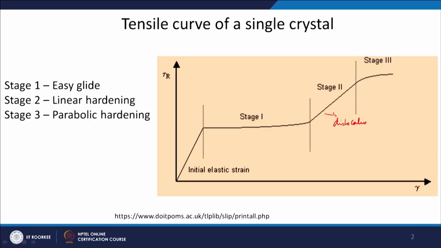When dislocations on two different slip planes start interacting, you have this stage 2 hardening. That means this is actually related to dislocation interaction, when two or more slip systems are active, whereas in stage 1 only one slip system is active.